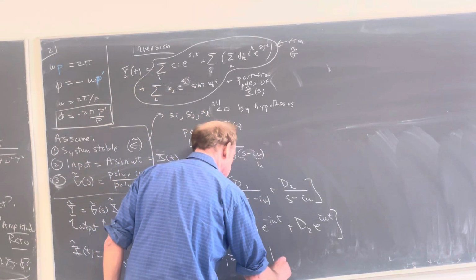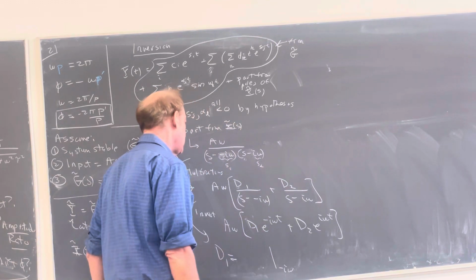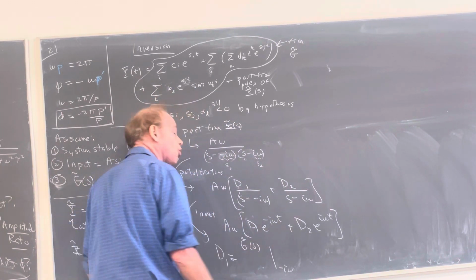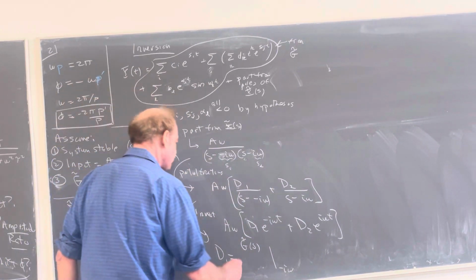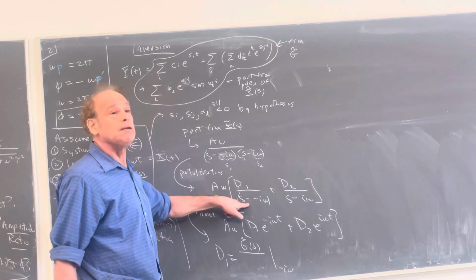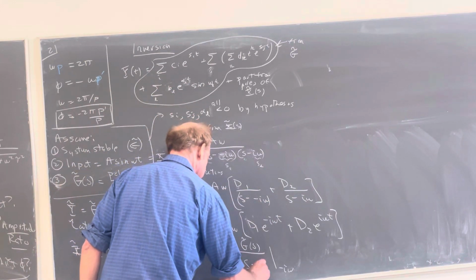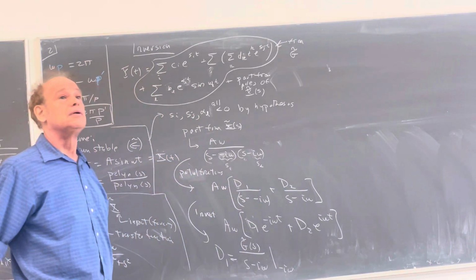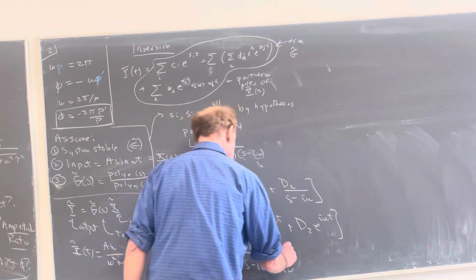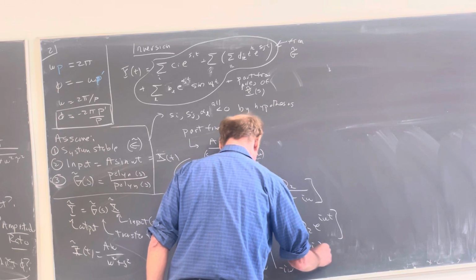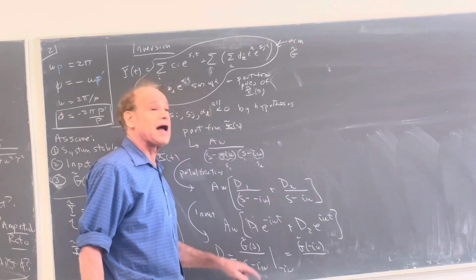So this is just G tilde of s divided by everything but this factor. So I still have this factor, s plus I omega. And that's just equal to G tilde of minus I omega over minus 2I omega.